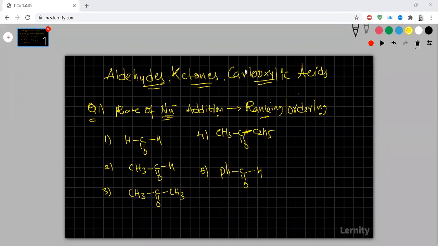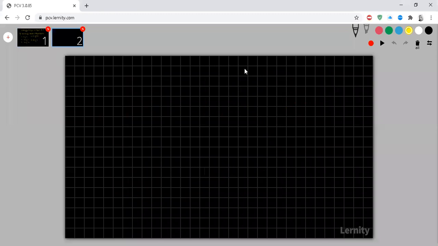All right. So first, let me tell you the theory. The rate of AN, AN means nucleophilic addition.